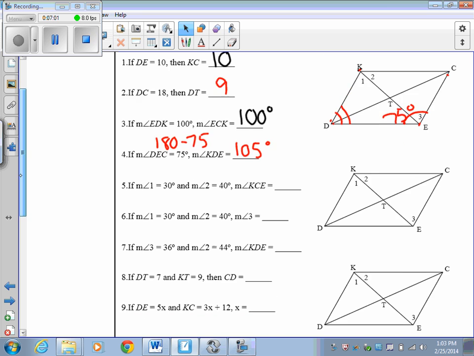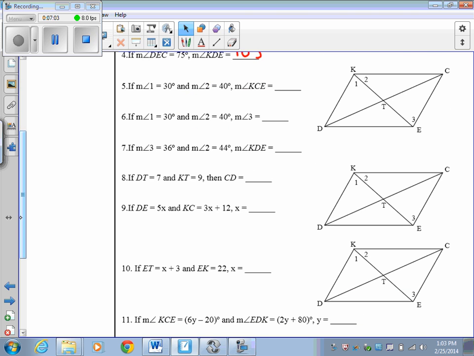So let's move down to the second picture for number 5. We're told that the measure of angle 1 is 30 degrees. The measure of angle 2 is 40 degrees. And we're asked to find the measure of angle 3. So you have to remember a little something about parallel lines to figure this one out. So remember that KC and DE are parallel.